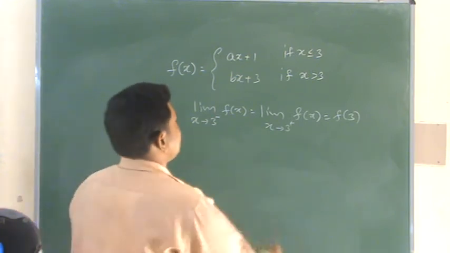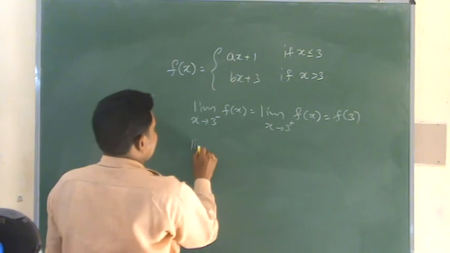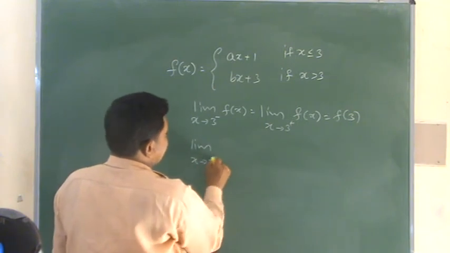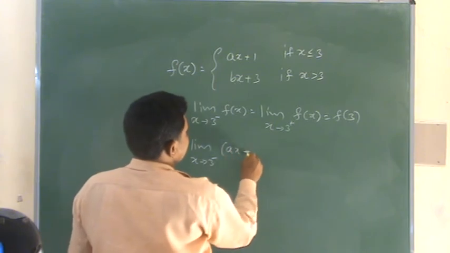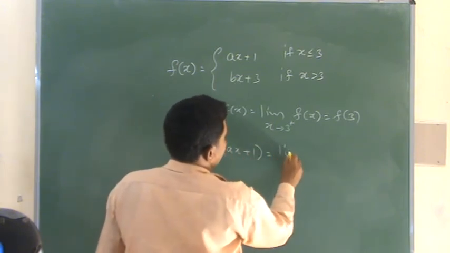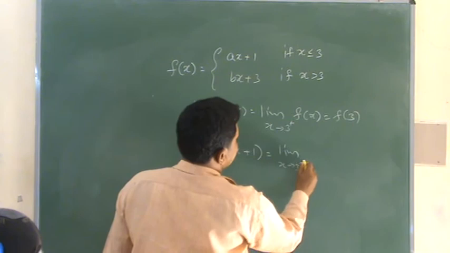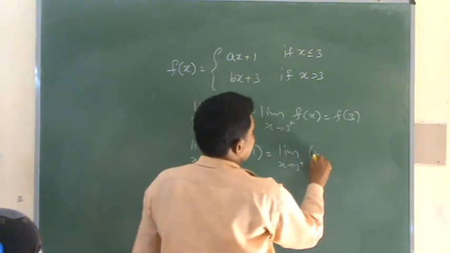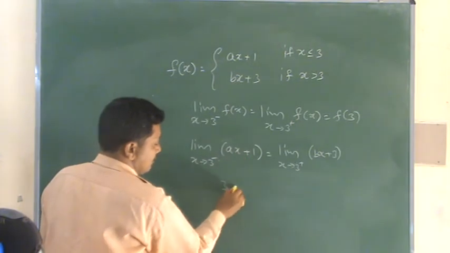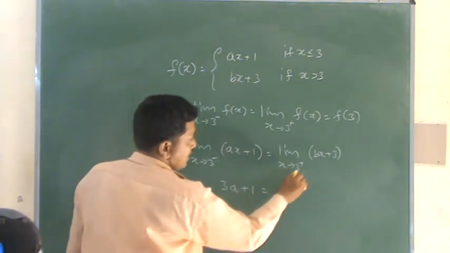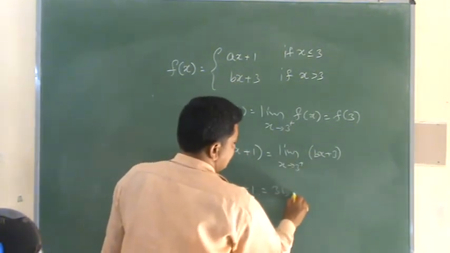So here I take limit x tends to 3 minus, ax plus 1, equal to limit x tends to 3 plus, bx plus 3. Substituting, it will be 3a plus 1 equal to 3b plus 3.